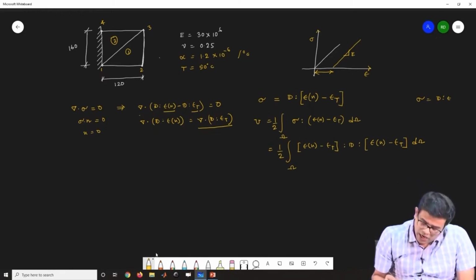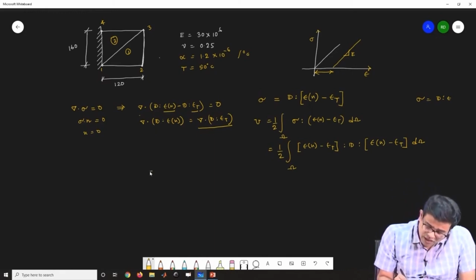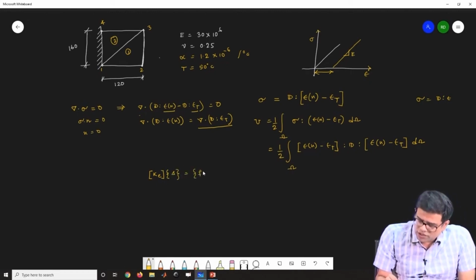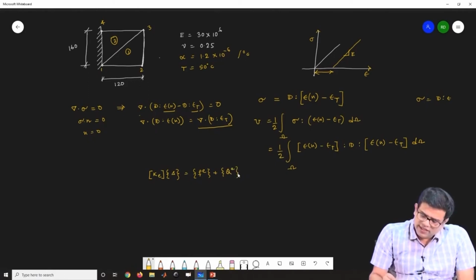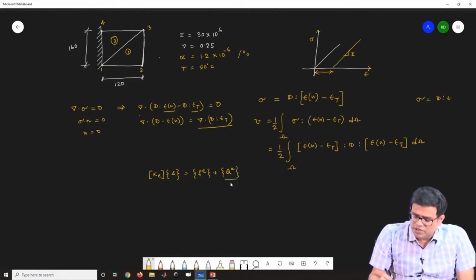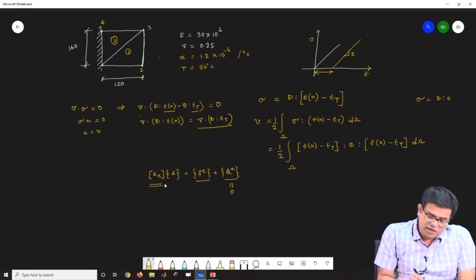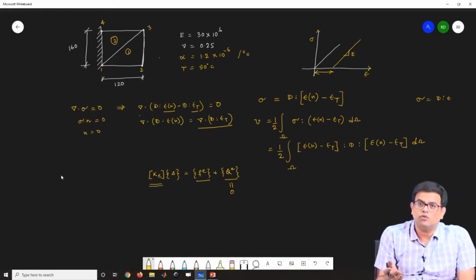So if I write the equilibrium equation, that is Ke into delta e equals force fe plus capital Qe. Only this quantity will be 0 now, and this quantity will be non-zero, and this quantity will remain the same.